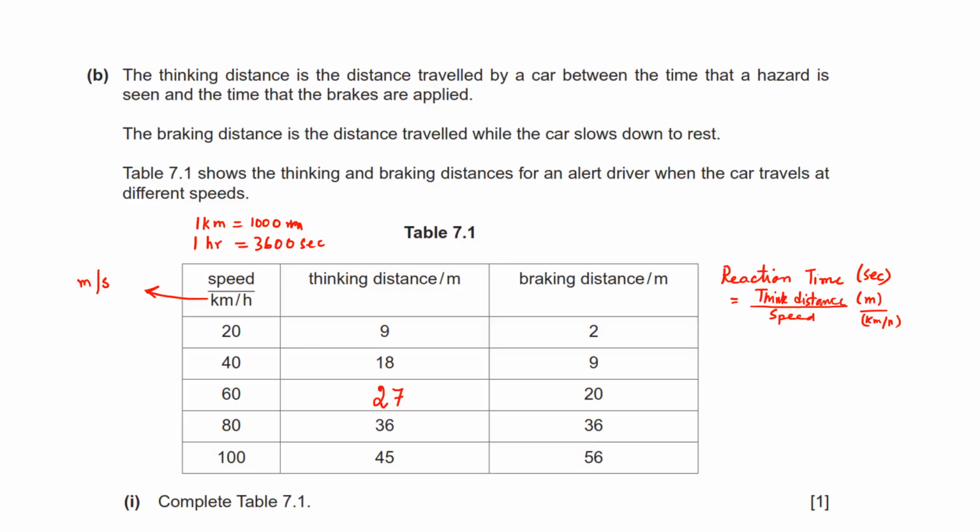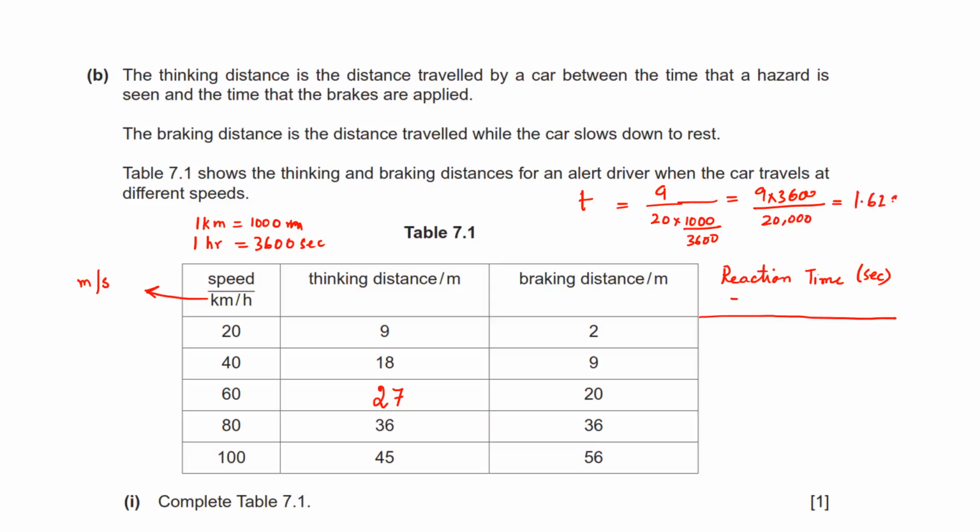With this, the easiest way to get the reaction time in seconds is 9 divided by 20 into 1,000 divided by 3,600. This will be my reaction time T. So this is 9 into 3,600 divided by 20,000, and it comes out to be 1.62 seconds.